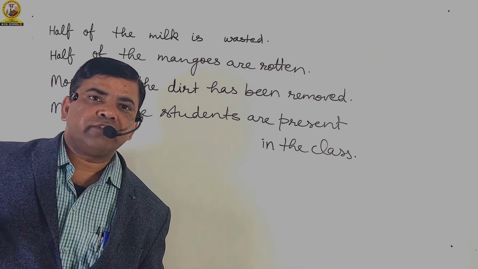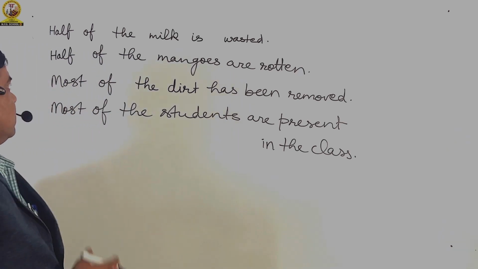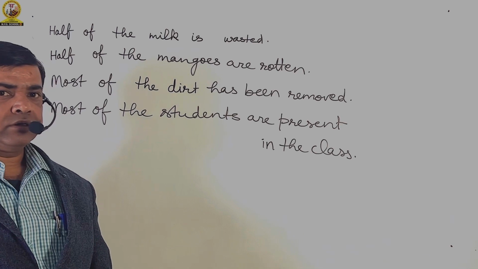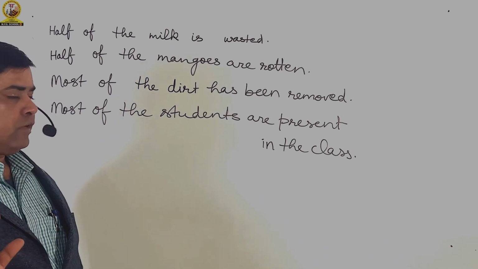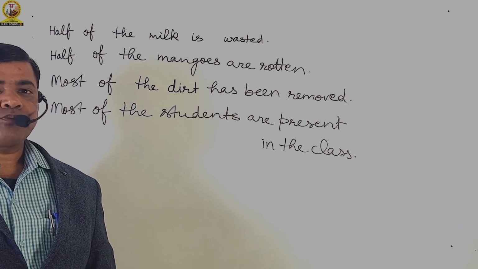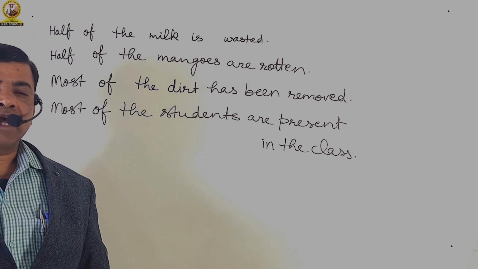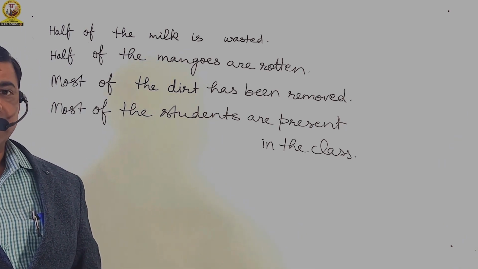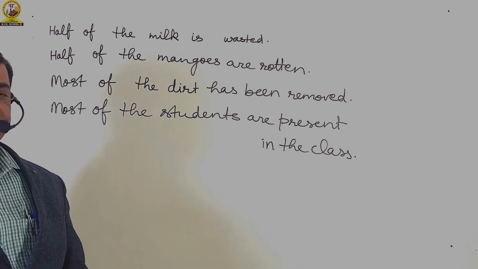Friends, I have taken four examples. The first example is half of the milk is wasted, यानी जितना भी दूध था उसका आधा बर्बाद हो गया है, नष्ट हो गया है. So half of the milk is wasted.